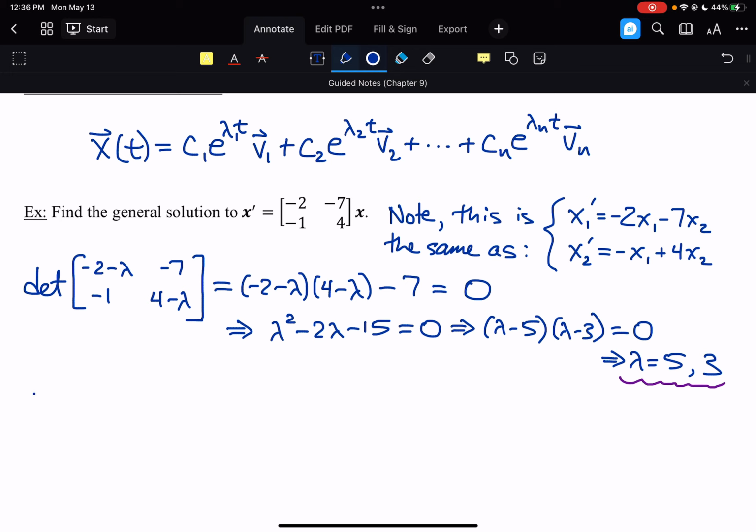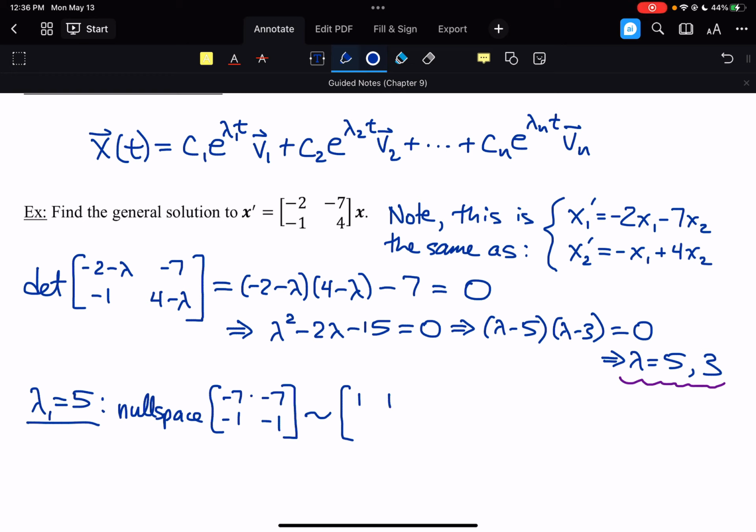So we need to get the corresponding eigenvectors. So we have lambda 1 will be 5. So we take the null space of A minus 5I, so subtract off 5 for lambda. It's negative 7, negative 7, negative 1, negative 1. With the null space, we perform some EROs here, so I would maybe move this one to the top, make it 1 and 1.